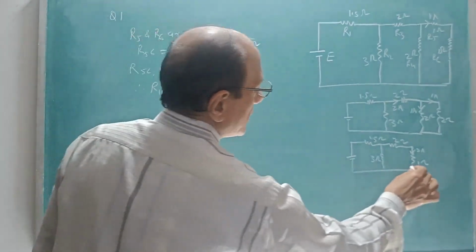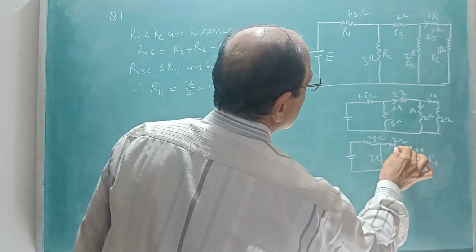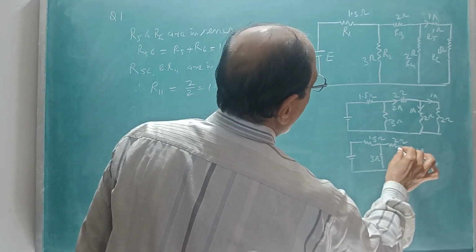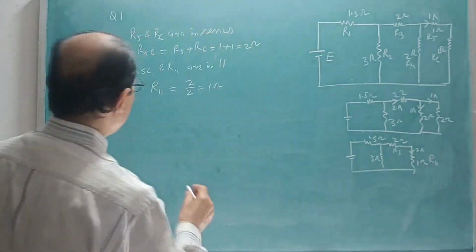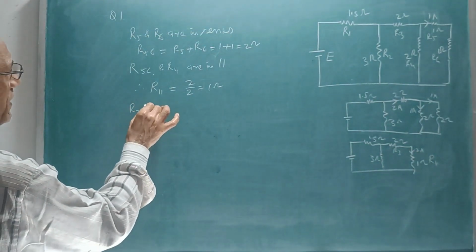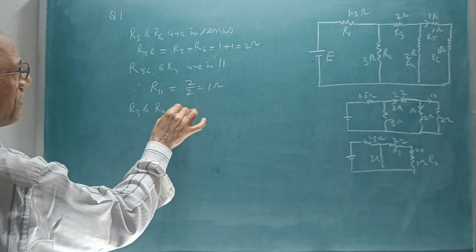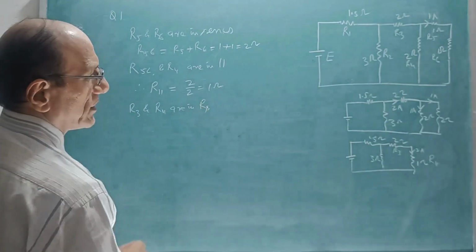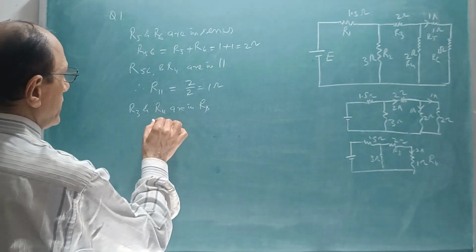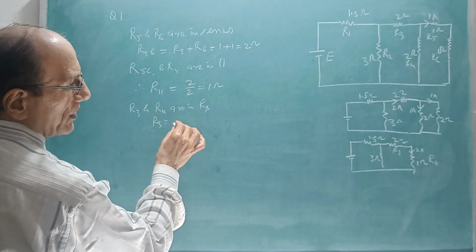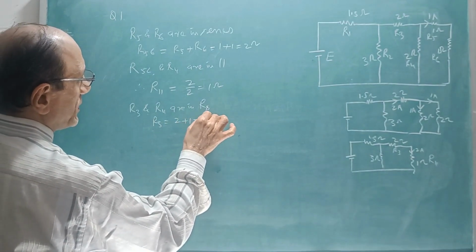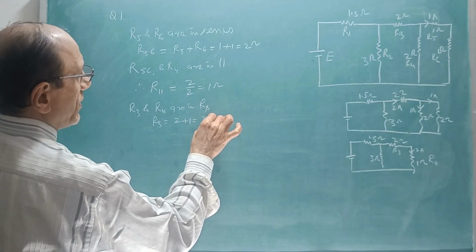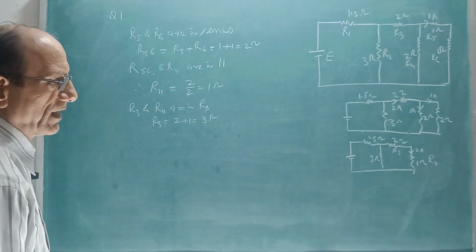Now this is R parallel and this is R3. So R3 and R parallel are in series. So this will be RS. So RS will be equal to 2 plus 1, that is 3 ohm.